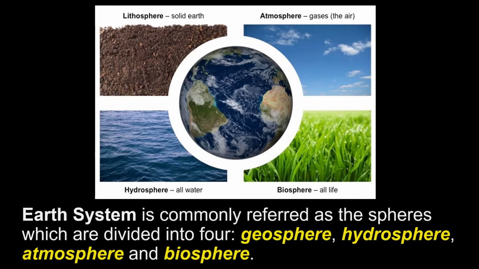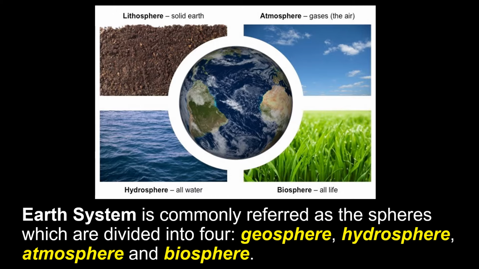Specifically, the Earth system is commonly referred to as the spheres, which are divided into four: Geosphere, Hydrosphere, Atmosphere, and Biosphere. The natural interactions that exist among these subsystems make life possible on this planet.